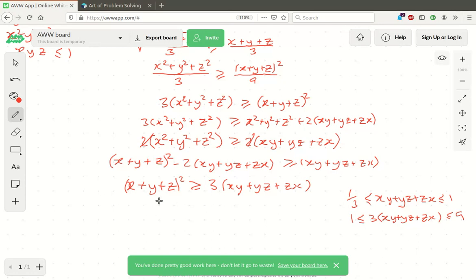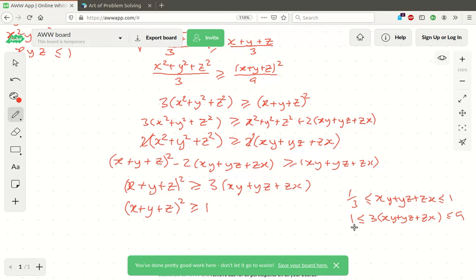And so as we're looking for what x plus y plus z squared is greater than or equal to, we can see that this is definitely trapped between 1 and 9, and this is definitely larger than it. So you can see that x plus y plus z all squared must be larger than or equal to 1. Because that's always larger than or equal to 1.